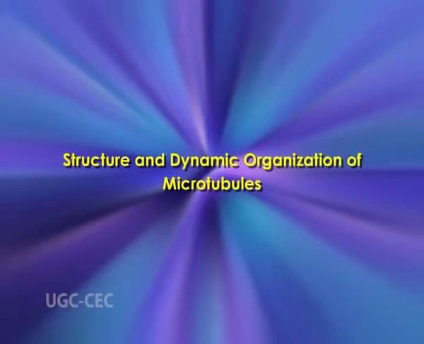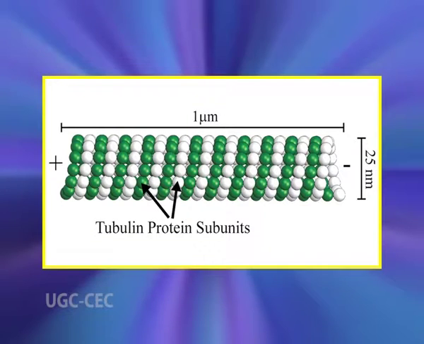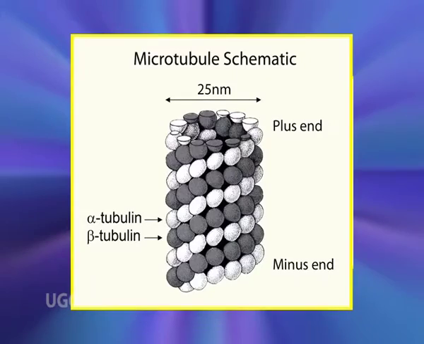Now, the structure and dynamic organization of microtubules. Microtubules are composed of a single type of globular protein called tubulin. The building blocks of microtubules are tubulin dimers consisting of two closely related 55 kilodalton polypeptides, alpha tubulin and beta tubulin.